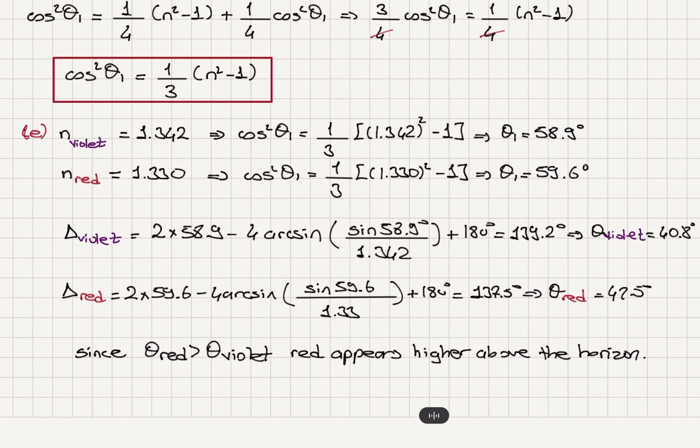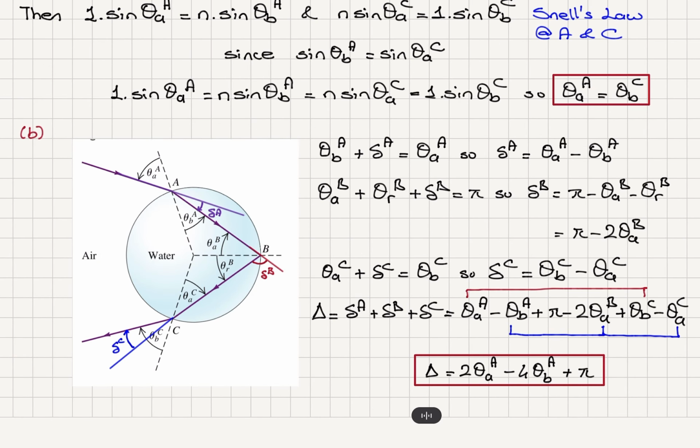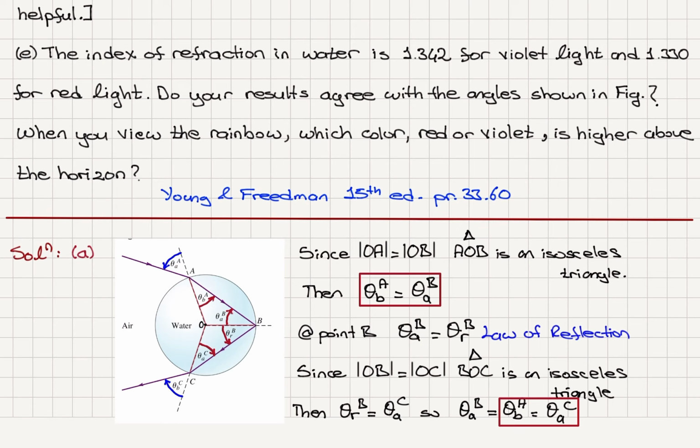So let's see here. If this goes to another point and it reflects, then we will have the same situation because these two angles are the same here. So we will have the law of reflection, twice that angle minus pi will be the angular deflection at that point.